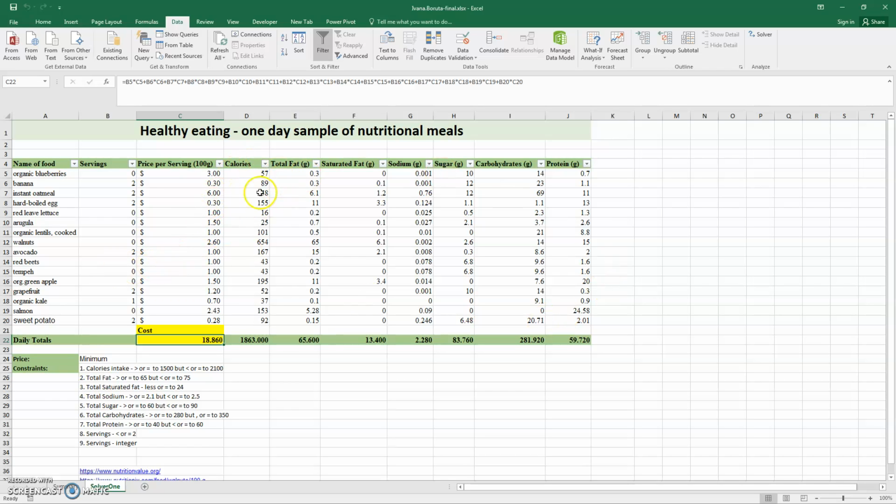So this is the amount of fat contained in this 100 gram serving.